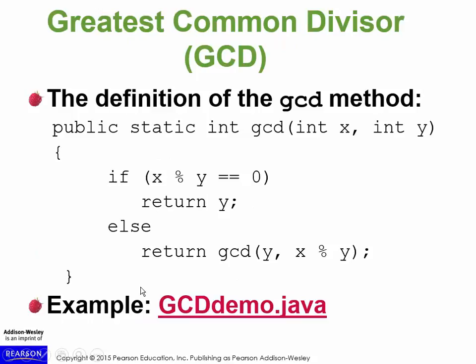Here's another one with the greatest common divisor. If you've never seen that before, so if I have the numbers 6 and 8, what's the smallest number that goes into both 6 and 8? Well, it's 24. Okay.